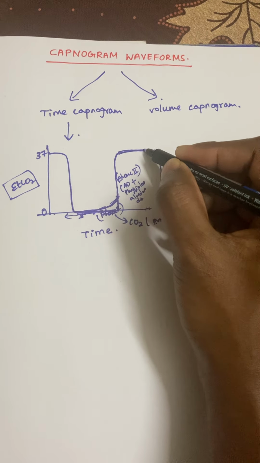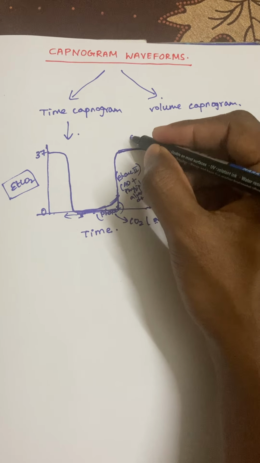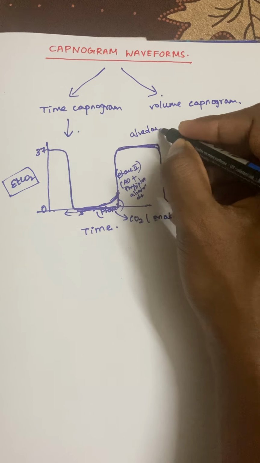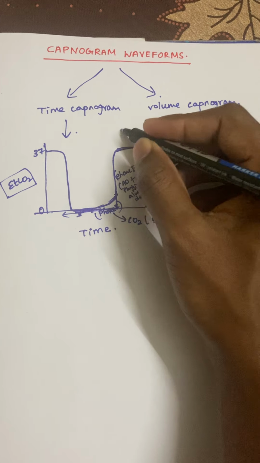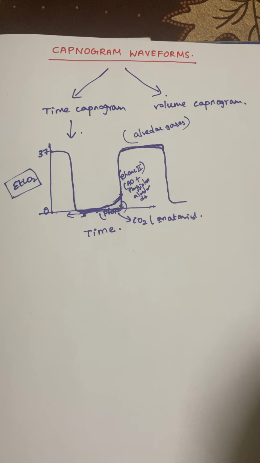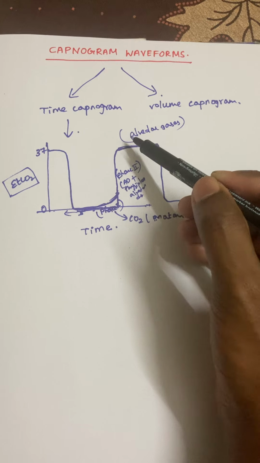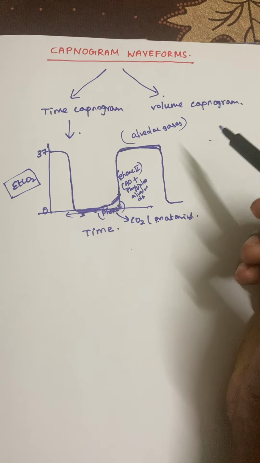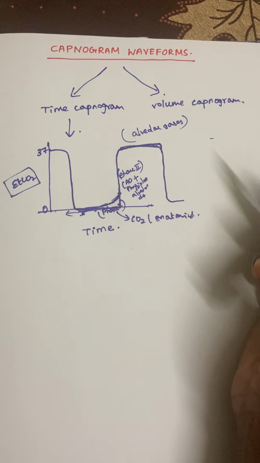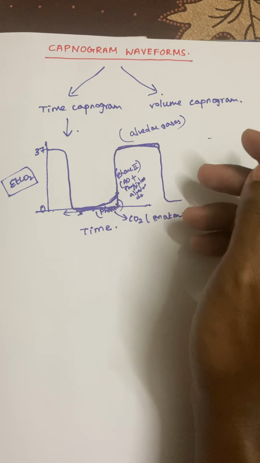The steadiness and slope of phase 3 is because of the alveolar gases, the gases actually exchanged for oxygen in the alveoli, because oxygen diffuses from the alveoli to the pulmonary blood. Carbon dioxide, formed as a metabolite and released into the peripheral circulation, reaches the alveoli and diffuses back.